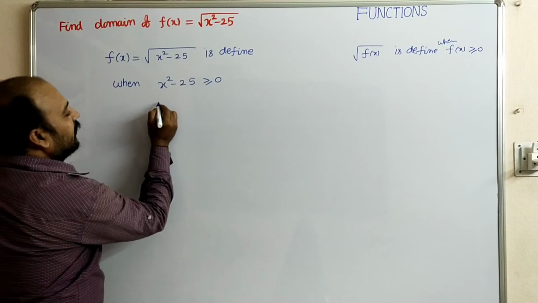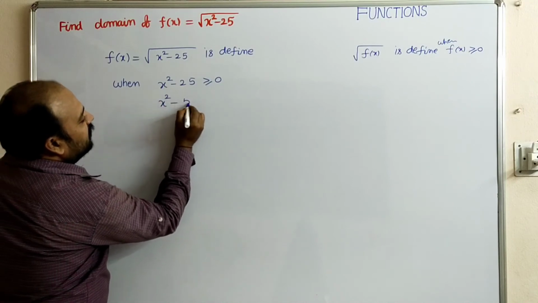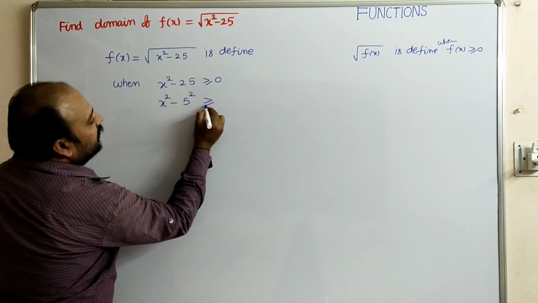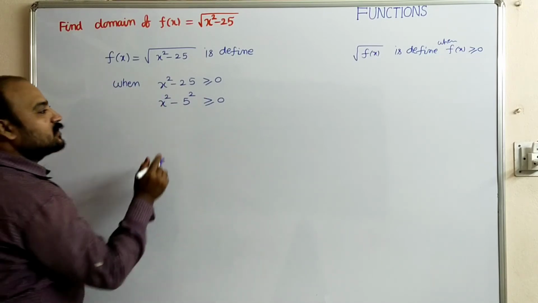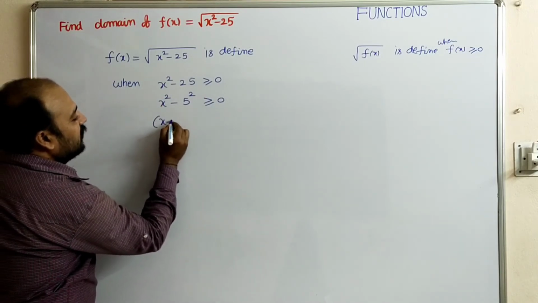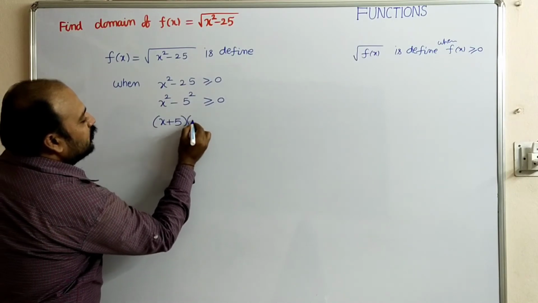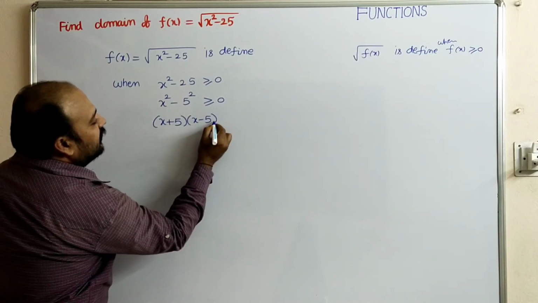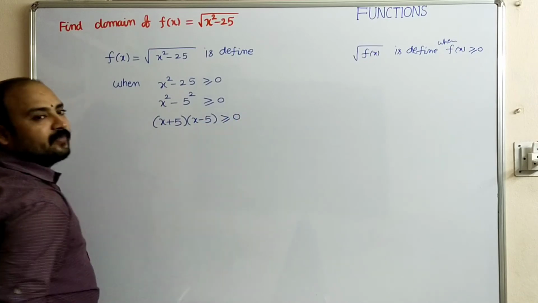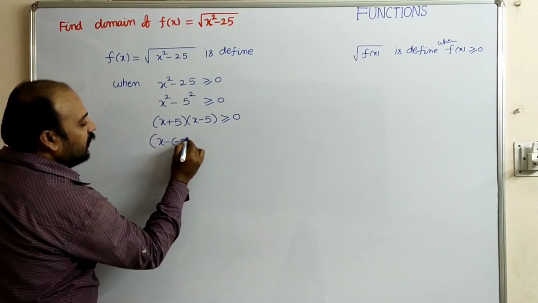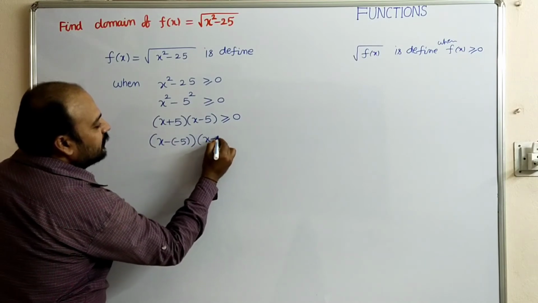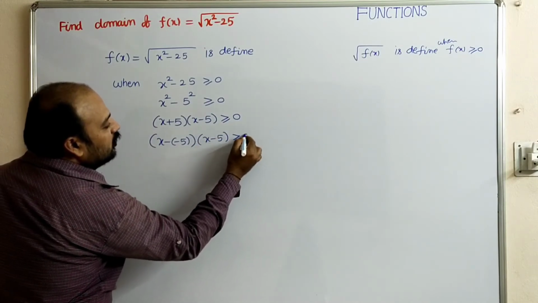So x² − 25 can be written as x² − 5² is greater than or equal to 0. It is in the form of a² − b², which is (a + b)(a − b). So (x + 5)(x − 5) is greater than or equal to 0. x + 5 can be written as x − (−5), so (x − (−5))(x − 5) is greater than or equal to 0.